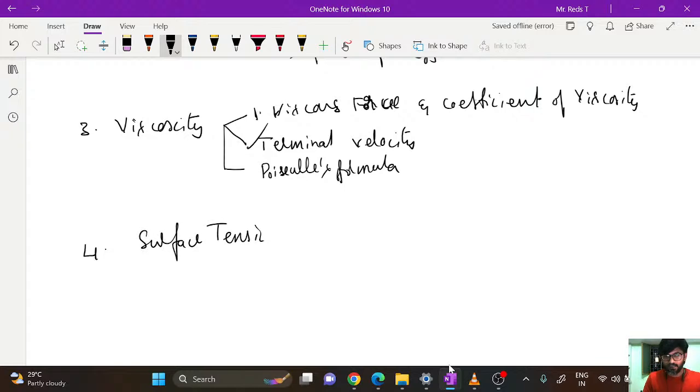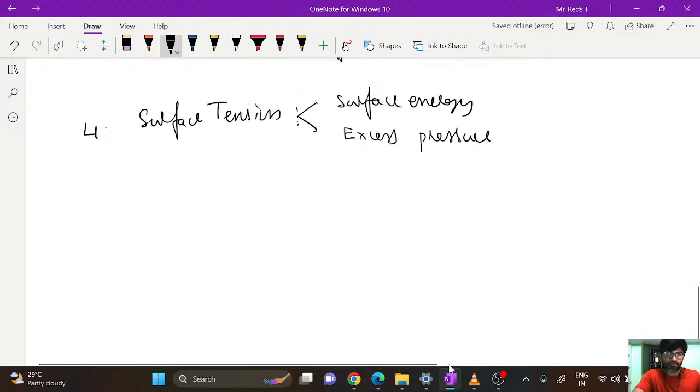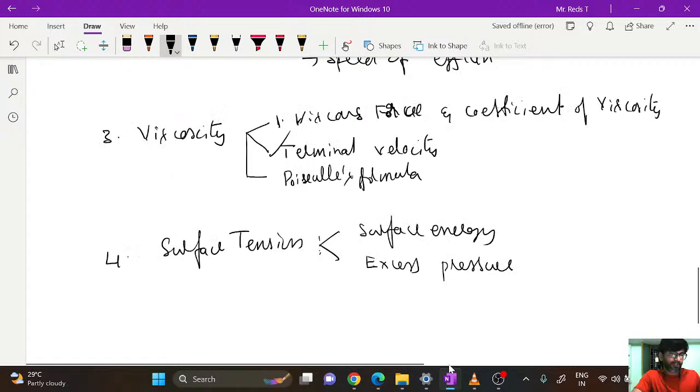Here in surface tension, different special cases will come across: surface tension force and surface tension relation, surface energy, surface tension force calculation and surface energy calculations, excess pressure calculations, and capillary rise, some basic concept calculations also. These are some additional points you have to keep in mind in this particular case.